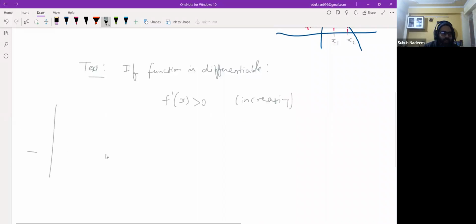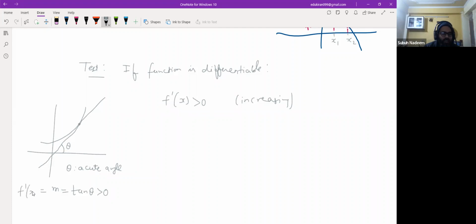So if the function is increasing, slope of a tangent at any point would be having an angle theta. Theta is acute angle here. So if it is acute angle, the slope m equal to tan theta is going to be positive because it is acute angle. So this is f dash x at any point p. So f dash x is greater than 0.